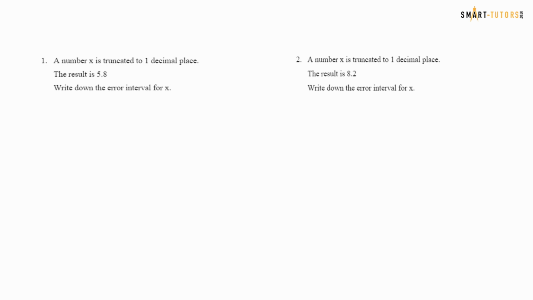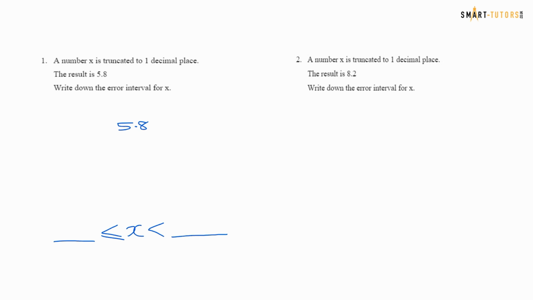Question number 1. The number x is truncated to 1 decimal place. The result is 5.8. Write down the error interval for x. Actually in this question, there is an error interval answer given like that. For the printing mistake, that is not printed here, so I'm going to try to write the answer here.